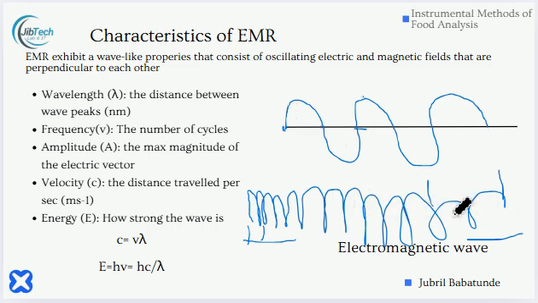Here it takes a higher distance and more time to complete one cycle, while in this case it takes less time to complete one cycle. So the frequency is high. It's able to complete more cycles in less time here, while here it can only complete a cycle with more time.